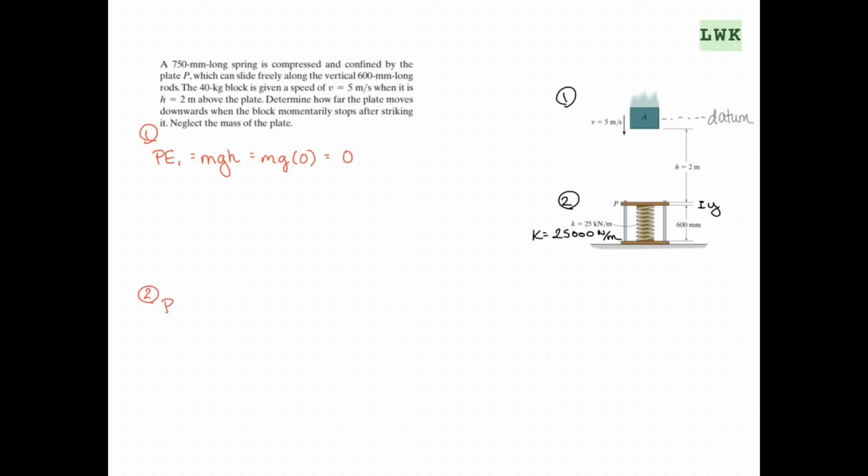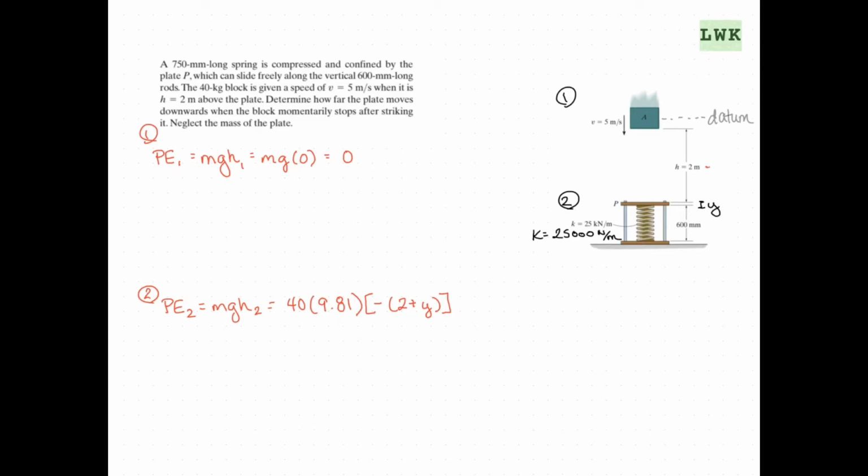Our potential energy at state 2 would be equal to mgh2, and we can write that as 40 times 9.81 times negative 2 plus y. It's negative because we're below our datum, and we're just adding this height that's given to us, h equals 2 meters, plus our y.